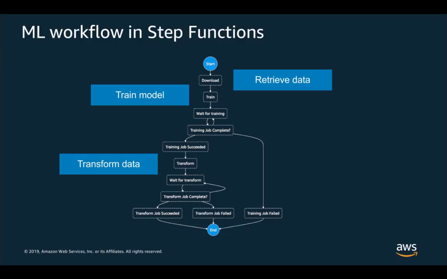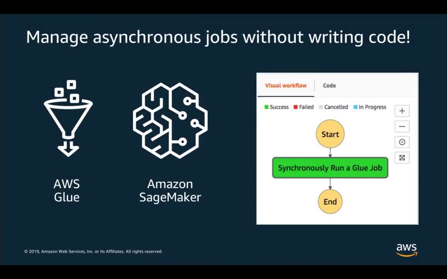So polling for the end of that asynchronous step, yes, it's possible, but it's not super convenient. So fortunately, you can actually very easily manage asynchronous jobs in step functions. You don't have to write the polling code.